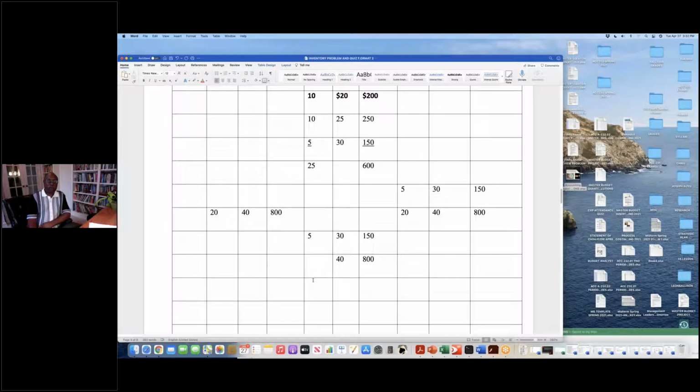We need to get 15 because the total sold is 20. But wouldn't that not be 800? Wouldn't that be 750? Wait a minute. We're getting 15, so it would be 600, wouldn't it? Oh yeah, sorry.